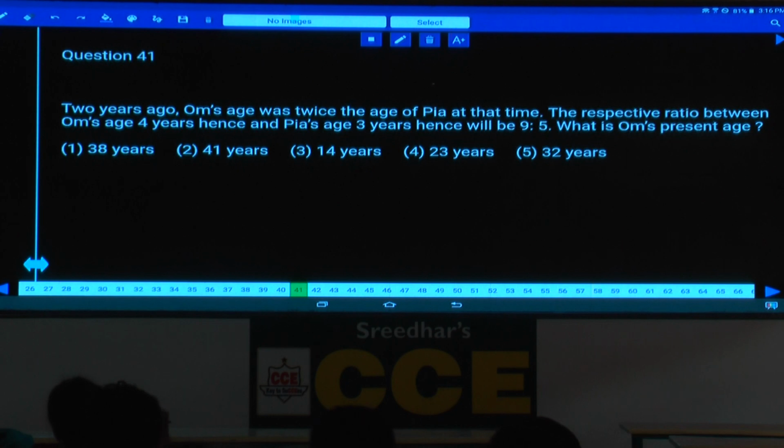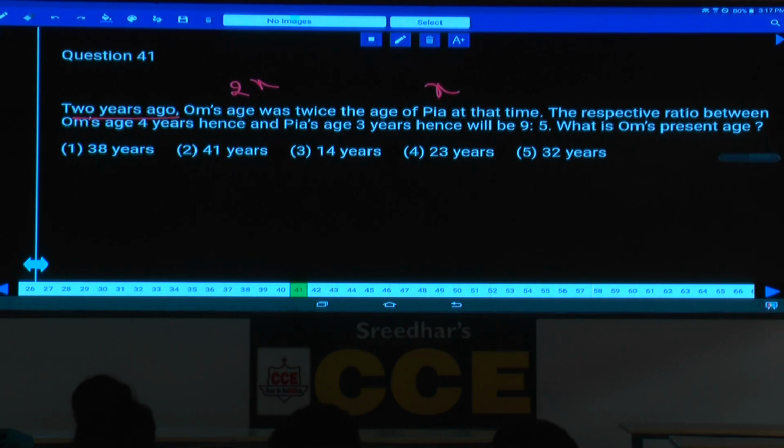So pi's age be x and Ohm's age becomes 2x, 2 years back.